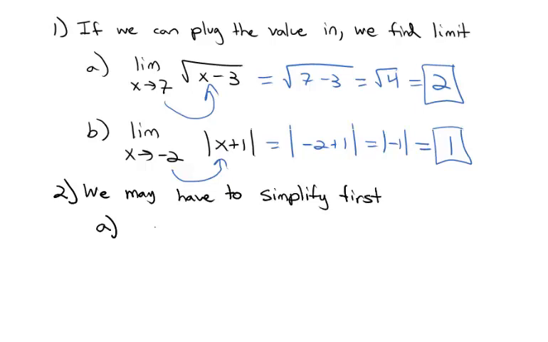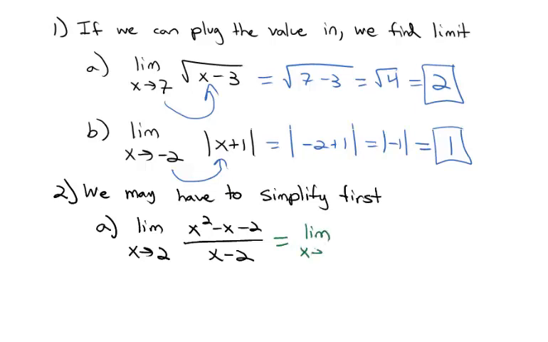Let's go back to our original problem, where we're looking at the limit as x got close to 2 of x squared minus x minus 2 over x minus 2. Simplifying first, not doing the limit first. So the limit as x goes to 2, the numerator can factor. That's x minus 2 times x plus 1. The denominator is still x minus 2.